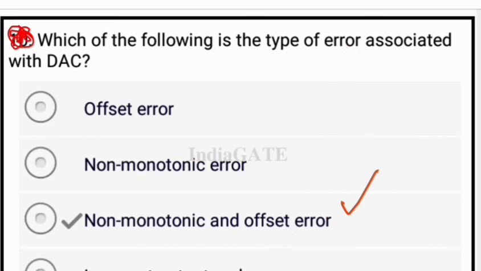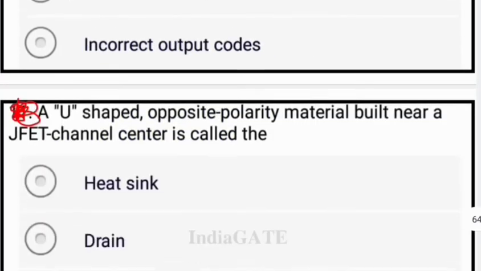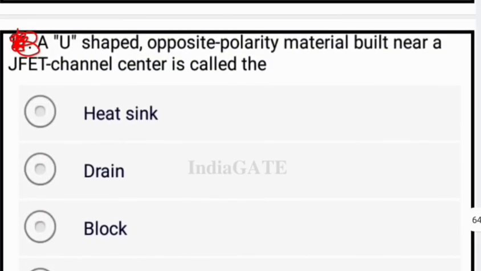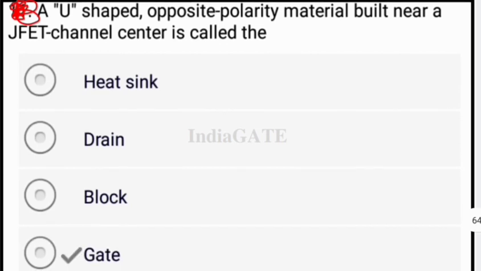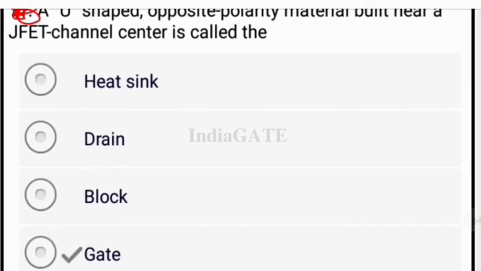Okay, now come to the next question. Here next question is defined as: a U-shaped opposite polarity material built near the JFET channel center is called the what? So the center is called the gate. So we know that in the case of the JFET, the center is your gate. Okay, now come to the next question.